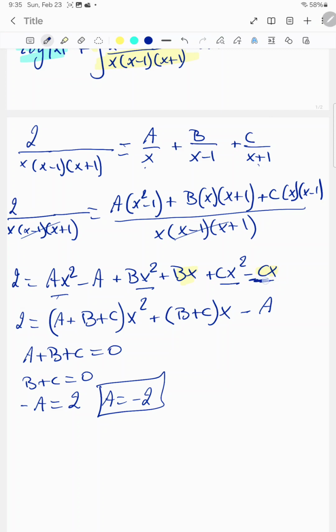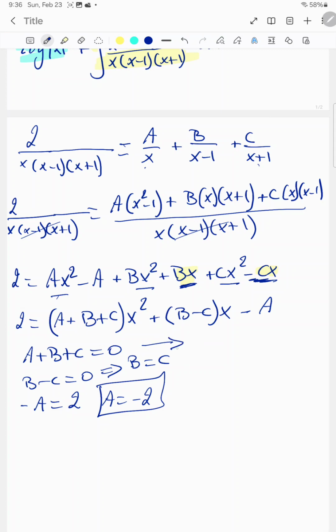Here I have minus cx and I put plus c here. So that should be minus here, yeah. If I want to factor x here, I would have b minus c. So this becomes b minus c equal to 0. So from the second equation, I can deduce that b is equal to c.